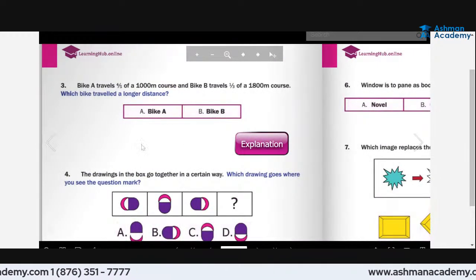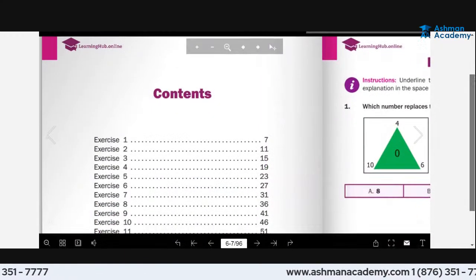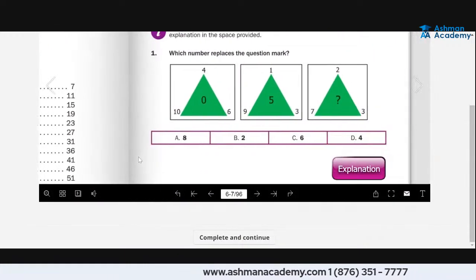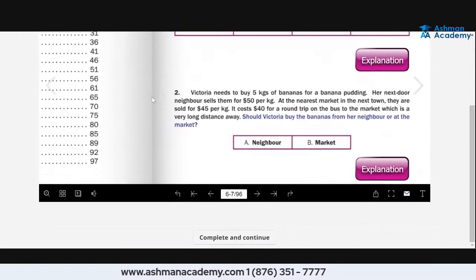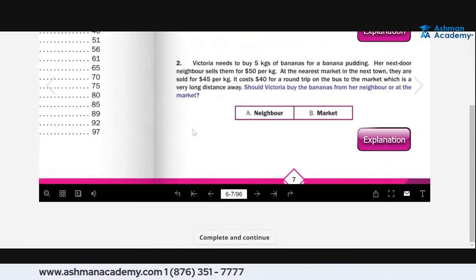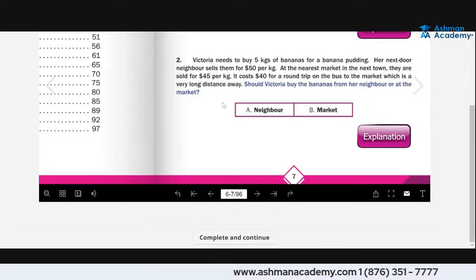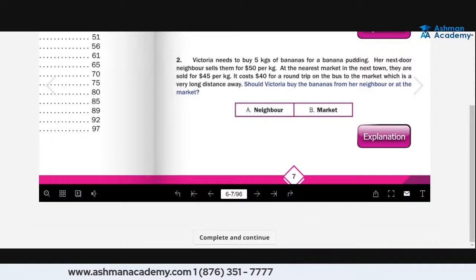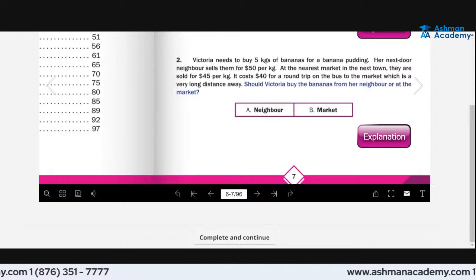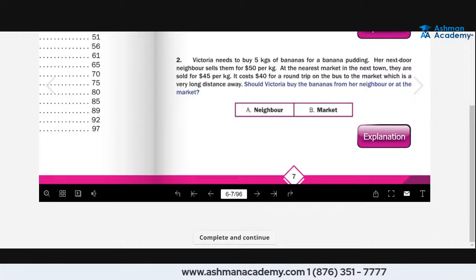Okay. All right. I want to bring you question number 2. That's a quantitative type question. And let's look at this question. The question reads, Victoria needs to buy 5 kilograms of bananas for a banana pudding. Her next door neighbor sells them for $50 per kilogram. At the nearest market in the next town, they are sold for $45 per kilogram.